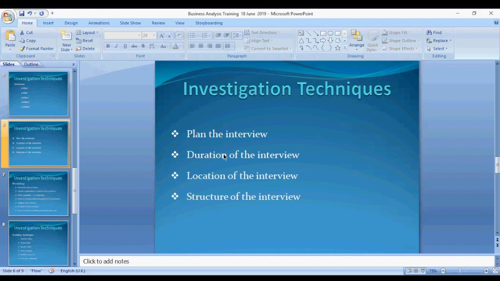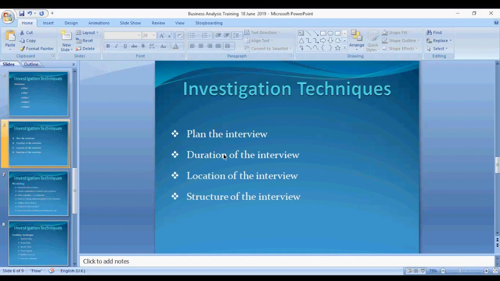The structure of the interview is also very important. When you are doing your interview, you have to set the scene, the introduction, what exactly you are trying to achieve, and you start with, okay, this is the project, the project is about this.